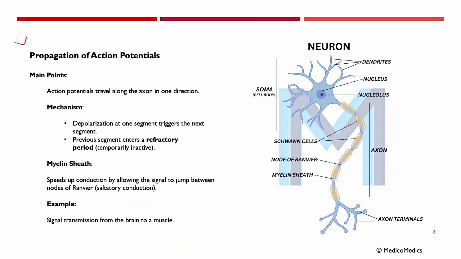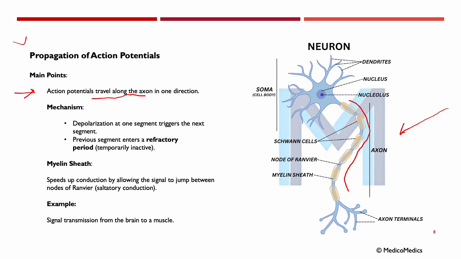Now then, back to propagation of action potentials. So the main point here is that action potentials travel along the axon in one direction. And this here is an illustration of the axon. Let's briefly orientate ourselves with what we're looking at here.